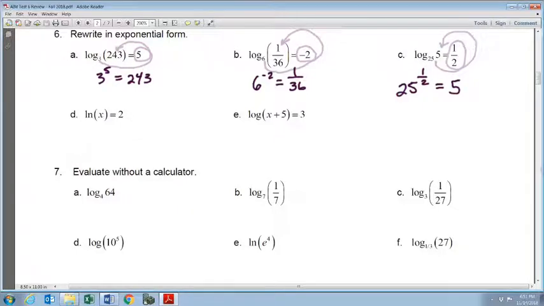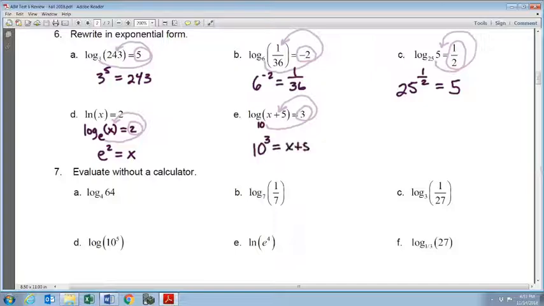On letter D, remember your base there is e. If you prefer, you can write it like I did here. And then e to the 2 power equals x. On letter E, again, here our base is 10. It's understood to be 10 since it's not written, and it's log. So 10 to the 5th power, to the 3rd power equals x plus 5, and that's that.